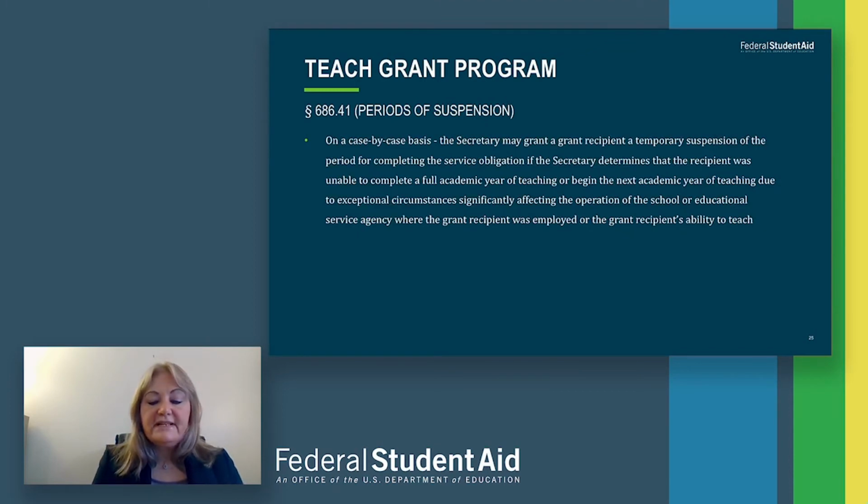As there could be other unforeseen circumstances that might temporarily prevent a grant recipient from fulfilling the service obligation requirements, a provision was added allowing the Secretary to grant temporary suspensions on a case-by-case basis if the Secretary determines that there are exceptional circumstances affecting the operation of the school or educational service agency where the grant recipient teaches or the recipient's ability to teach. Also, to ensure that grant recipients are informed of the status of an application for suspension, the Secretary will notify the grant recipient regarding the outcome of an application for suspension.